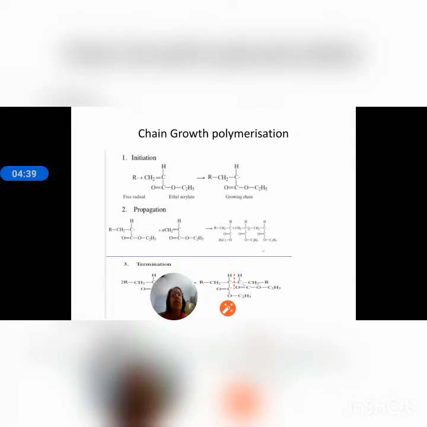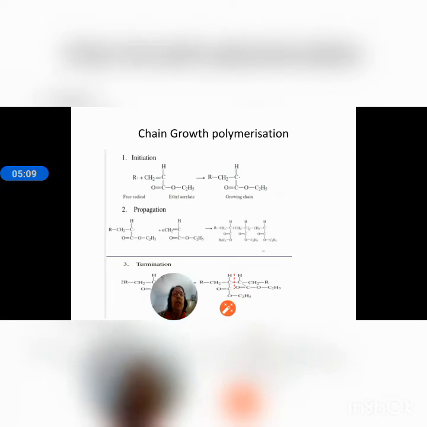In chain growth polymerization, we see the three steps: initiation, propagation and termination. In the initiation step, monomer is initiated and activated and forms a free radical or any other active chemical species.